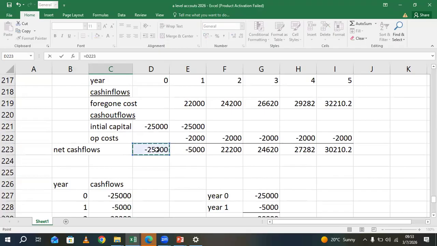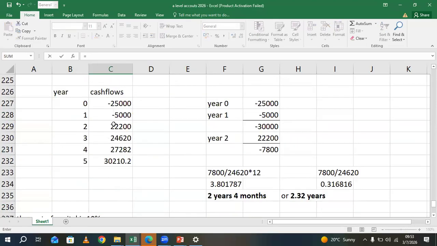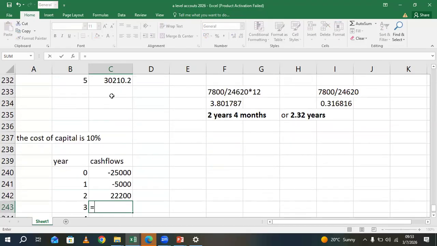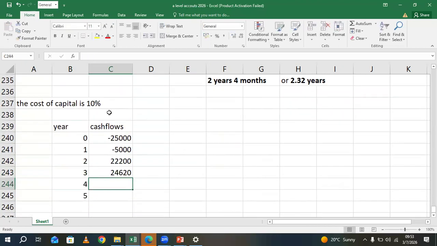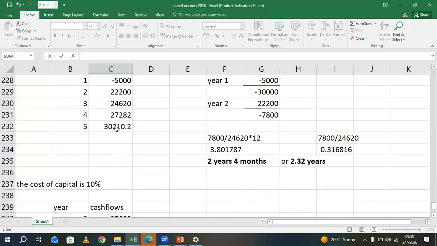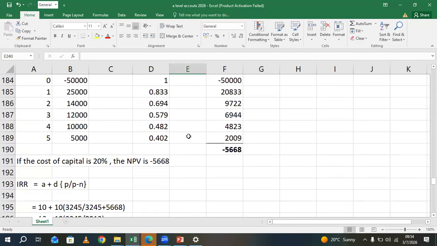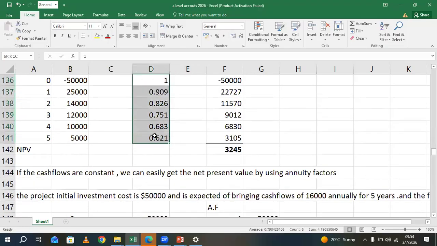So if you're given the cost of capital and we're calculating the net present value, we start from these cash flows that we have calculated, then put in your discounting factors for 10%, which we had already calculated.